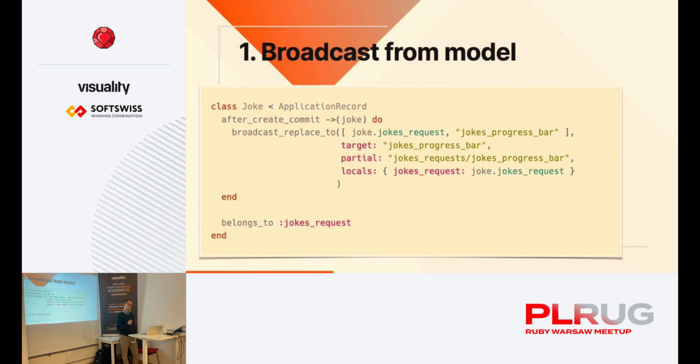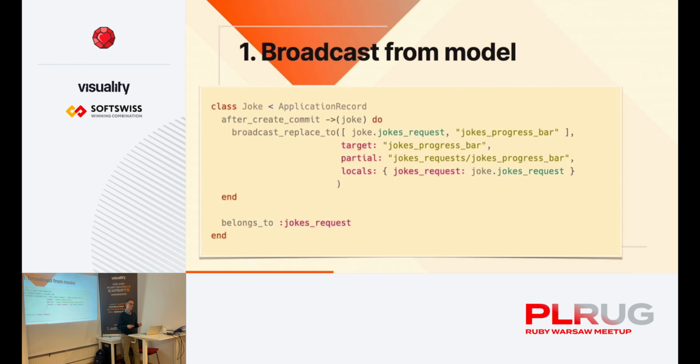And the thing we need to remember, this needs to be somehow unique. Because if there are two different users and each of them just created this jokes request, we need to broadcast the change to proper streams. Maybe there are different numbers of jokes for one user and for another user.